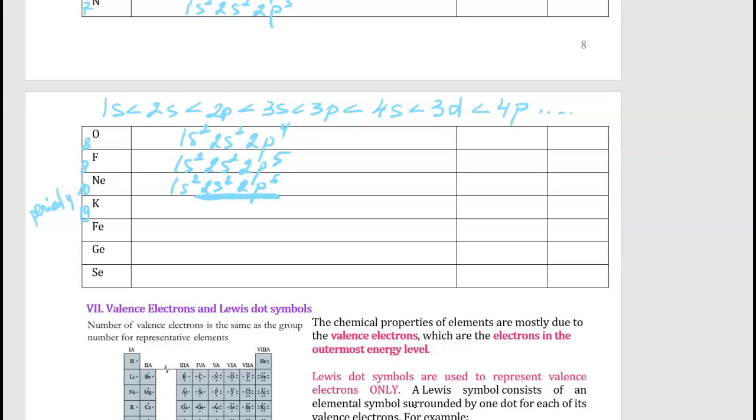This is the order, and we do not forget that an s subshell can have only 2 electrons. A p subshell can have only 6 electrons maximum, and a d subshell can have a maximum of 10 electrons. So let's jump to potassium. Okay, 1s2, 2s2, 2p6, like neon, right?